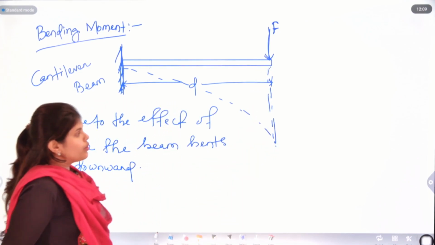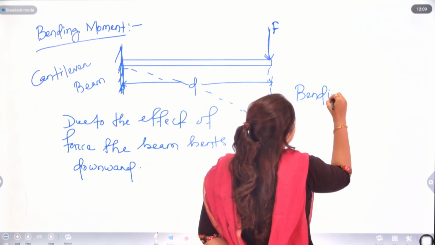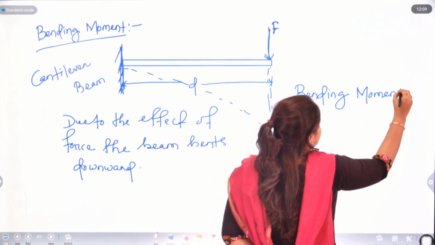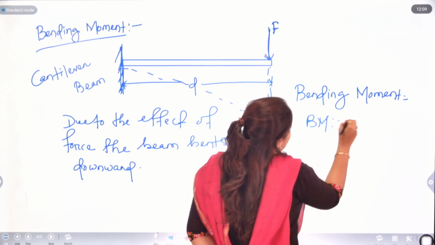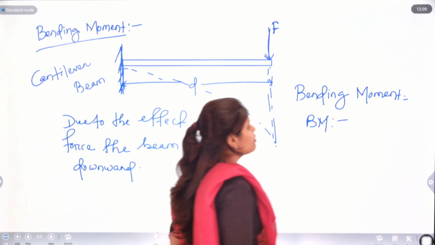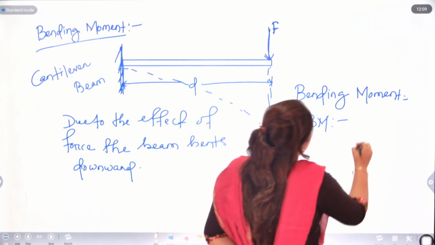So, to calculate the bending moment here, we just need to put the formula. Moment is equal, or you can write directly BM, and for shear force you can take SF. So, BM will be what?